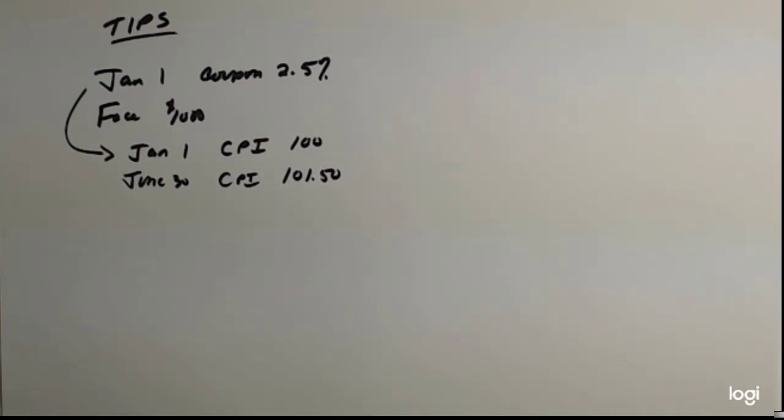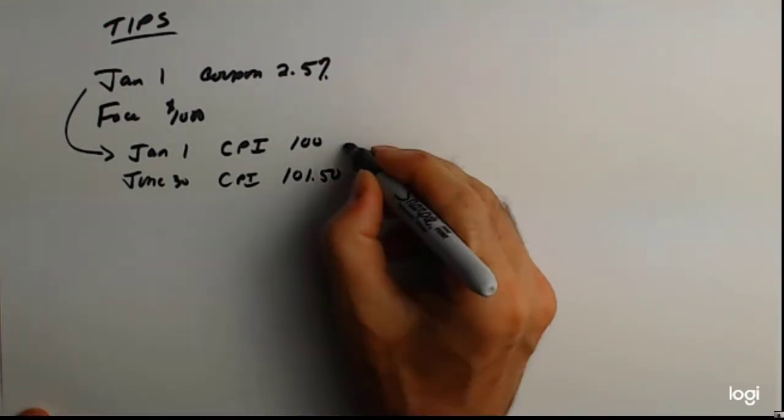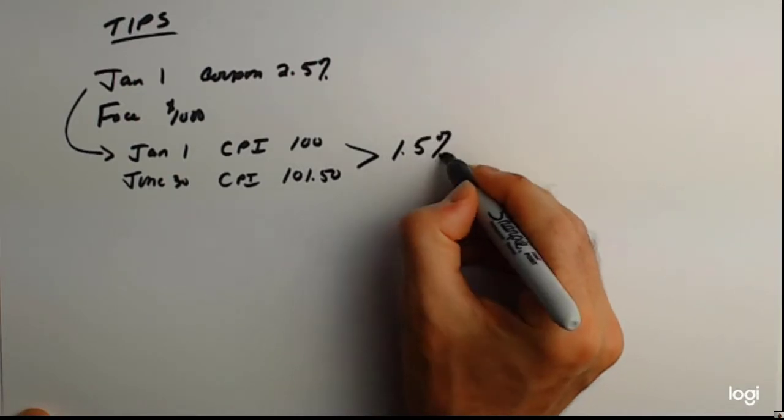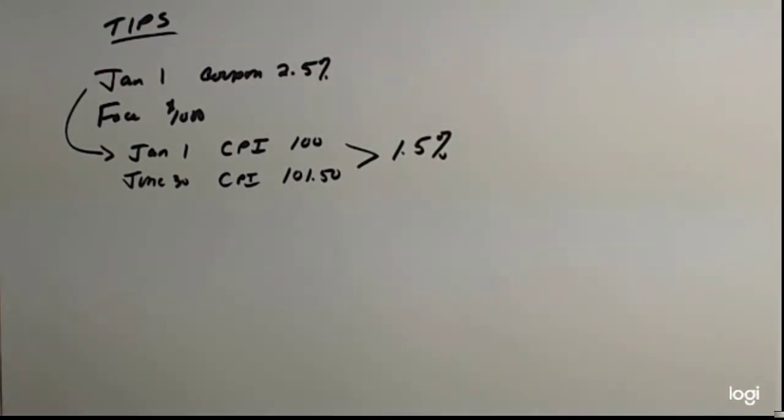Nothing changed except the prices. And let's say when they check out, the price of those goods is $101.50. That difference implies an inflation rate of 1.5%.